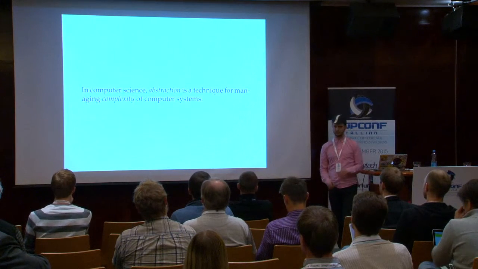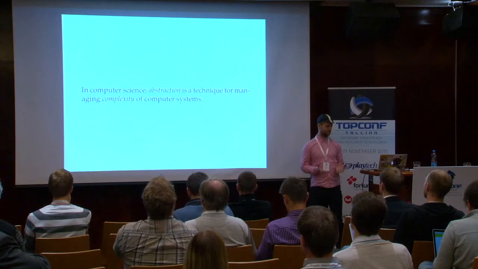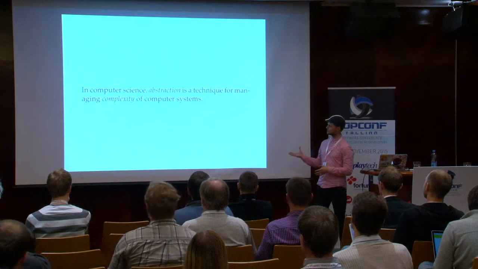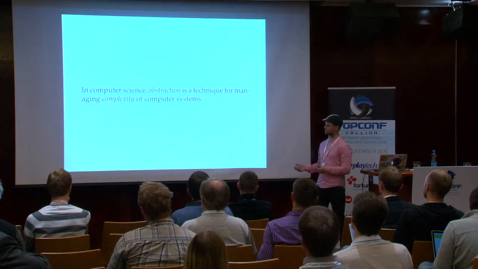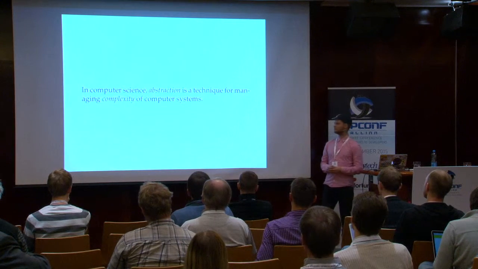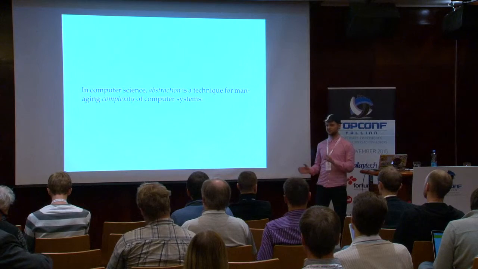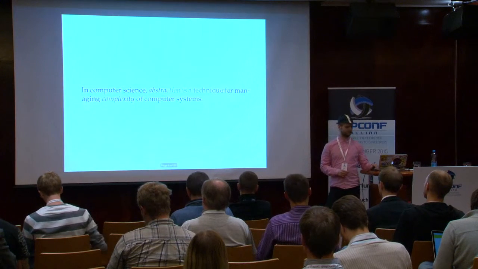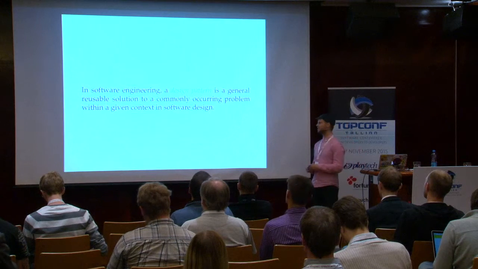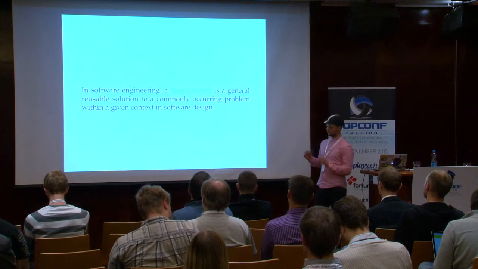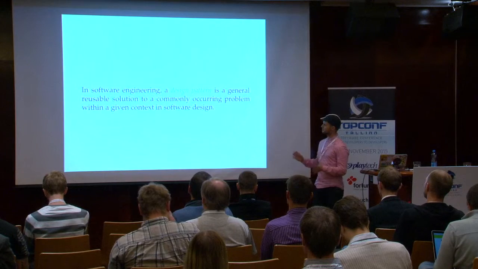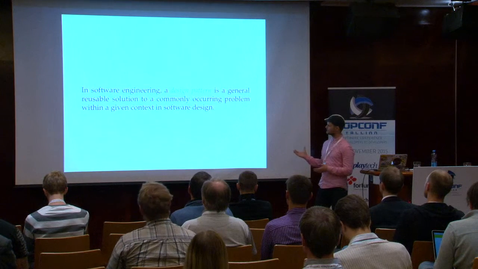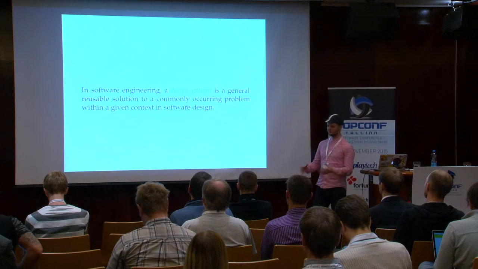So what we do when we write complex computer systems, to make them somehow manageable, we layer abstractions, many layers. And in software engineering, we use design patterns, which are how we would build the software.